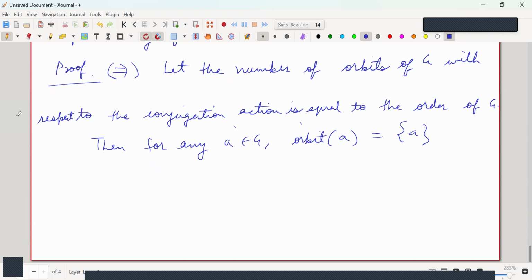So the number of orbits has to be less than or equal to the order of G. But if it is equal, then each orbit has to be a singleton set, that is, itself the element. Okay. And this implies a belongs to Z(G), and this implies Z(G) equals G because a was an arbitrary element, and thus G is abelian.